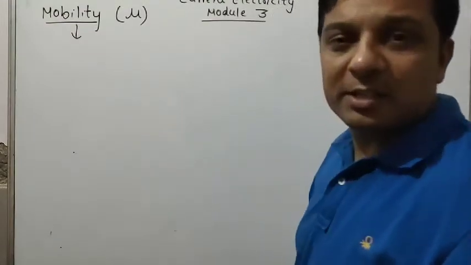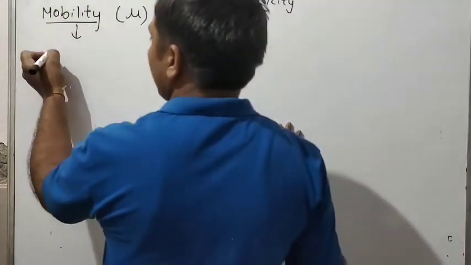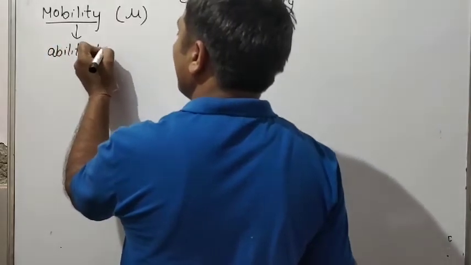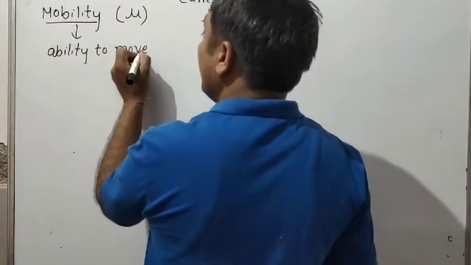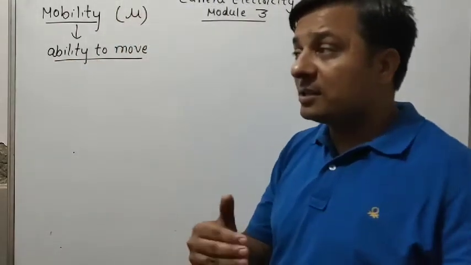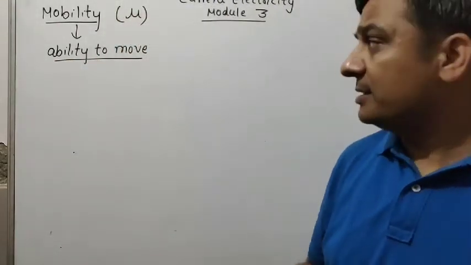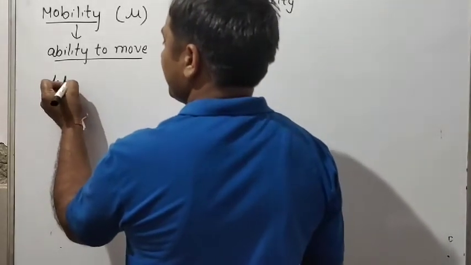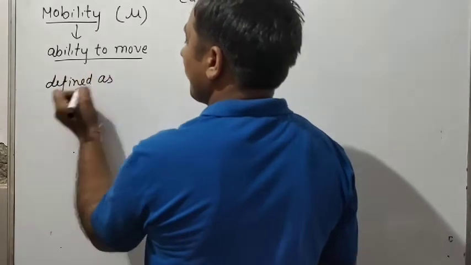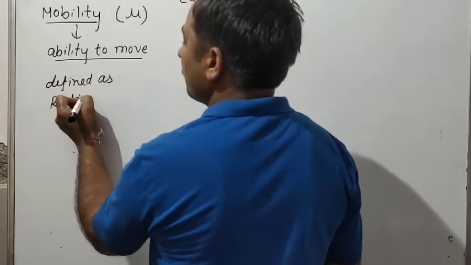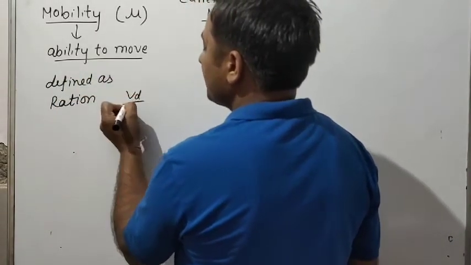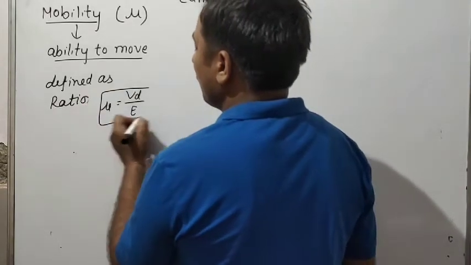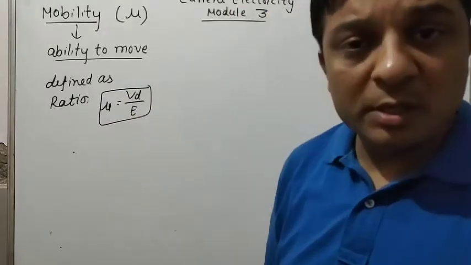Ability to move a charge means ability to move. The meaning of the word mobility is the charge's ability to move, that is mobility. And you can say it is defined as the ratio of drift velocity to the electric field.